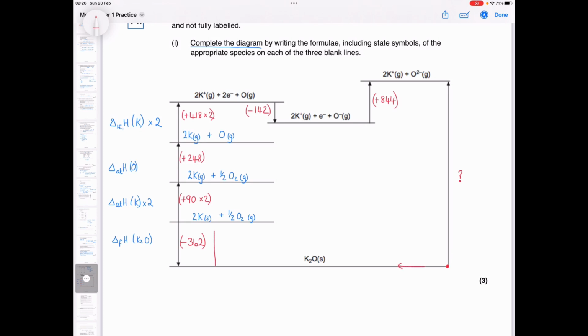So we're going to go from here round in the opposite direction, so that way around the cycle. So we're going to go opposite to that one, so it's going to be plus 362, and in the same direction, plus 90 times 2, and in the same direction, plus 248, and then in the same direction again, plus 418 times 2, and then in the same direction again, minus 142, and in the same direction again, 844.